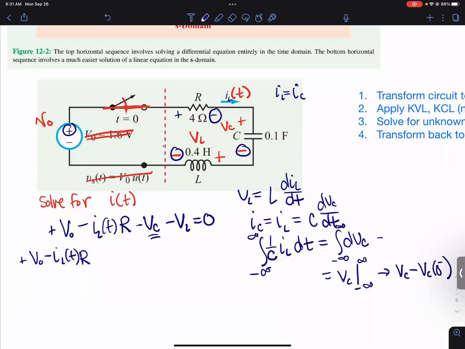Okay, and then let's see, minus VC. So this becomes the integration from 0 minus to infinity of 1 over C IL dt. And then a plus VC of 0 minus, and then the minus L dIL/dt.